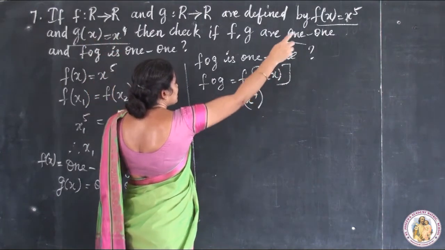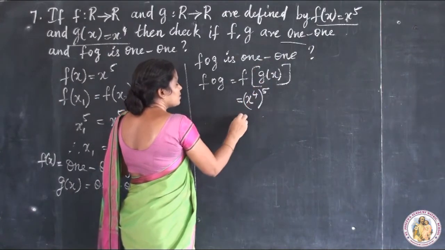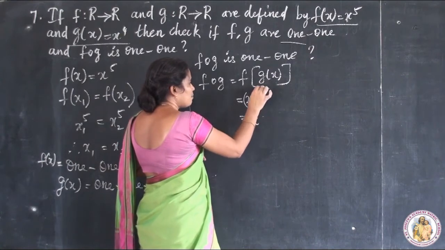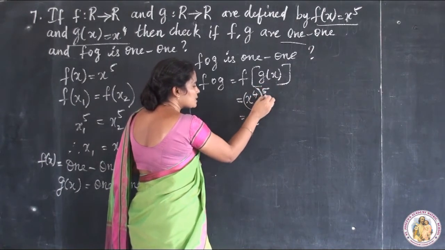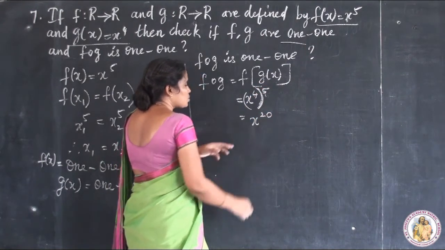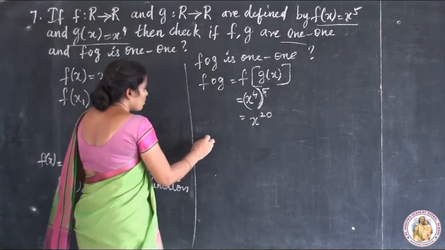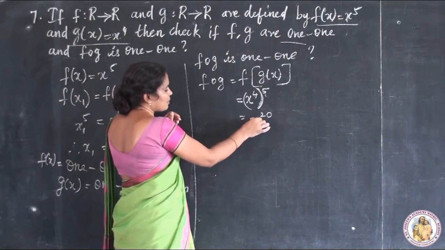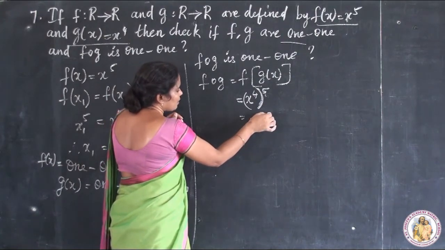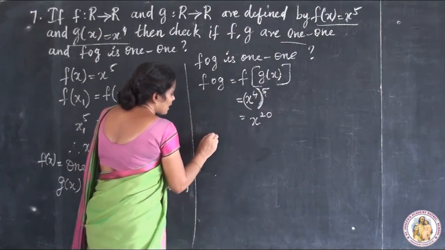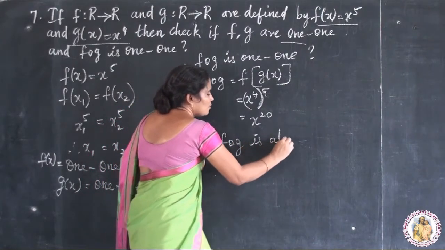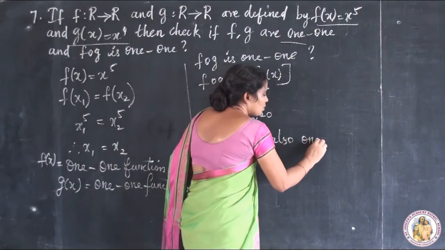So (x to the power of 4) to the power of 5, here we have bracket, that is multiplication. 5 fours are 20. x to the power of 20. So whenever the powers are equal, it is x to the power of 20. So therefore f of g is also a one-to-one function.